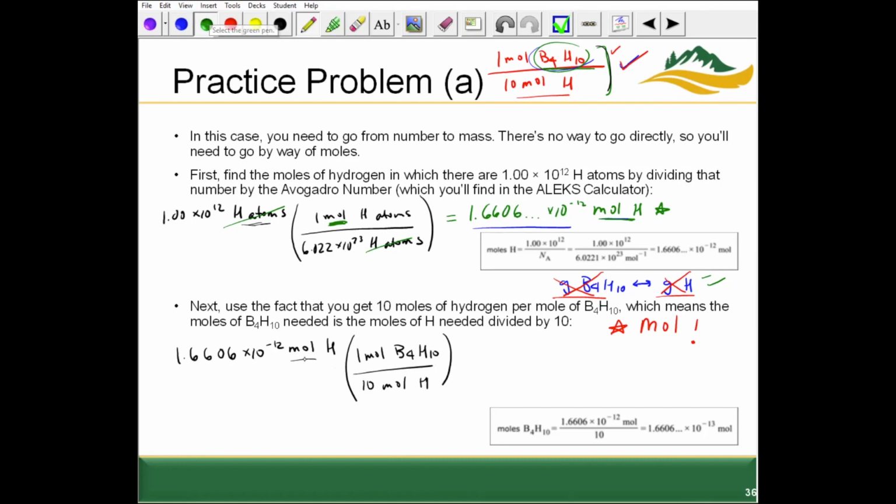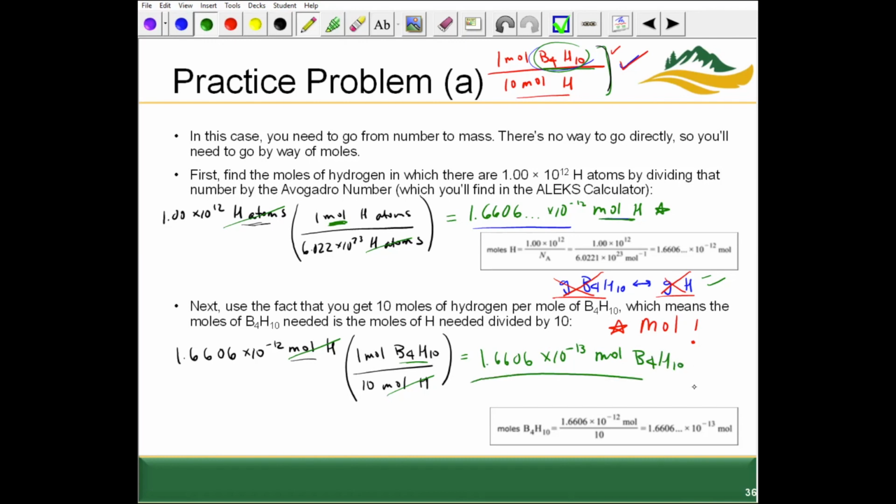If we were to stop here, moles of hydrogen cancels out with moles of hydrogen, then we're left with just moles of B4H10. For that answer, we're dividing by 10, so 1.6606 times 10 to the negative 13th moles of B4H10.